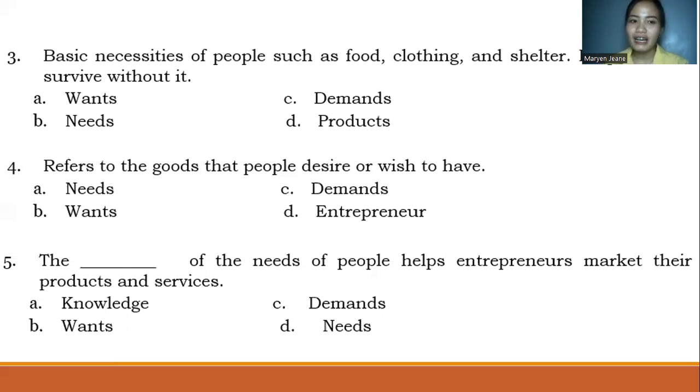Number 4, it refers to the goods that people desire or wish to have. A, needs. B, wants. C, demands. D, entrepreneur. Number 5, the blank of the needs of people helps entrepreneurs market their products and services. A, knowledge. B, wants. C, demands. D, needs.